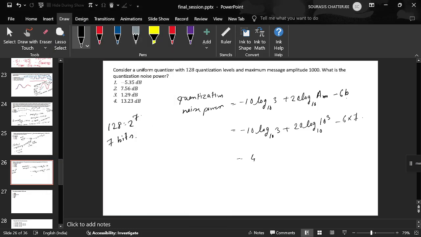It's 4.77, minus, plus 60, plus 42. So 60 minus 46.77, so it's 13.23 dB. So the quantization noise power in this particular case is going to be 13.23 dB.